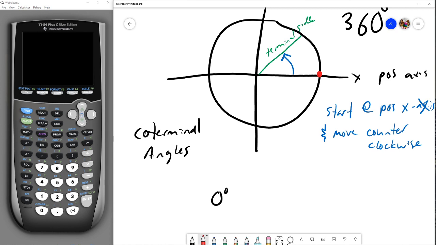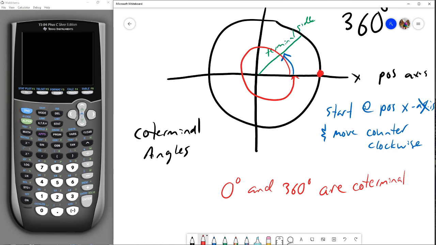But if I go 360 degrees around the circle, notice 360 degrees is going to bring me right back here. So that means it's the same point. What we would say, probably not using an equal sign, is 0 degrees and 360 degrees are coterminal. So our basic understanding is, what we mean by coterminal is if you go around a circle one whole rotation and you end up back at the place you started, those angles are coterminal.